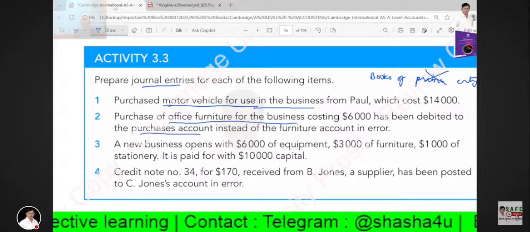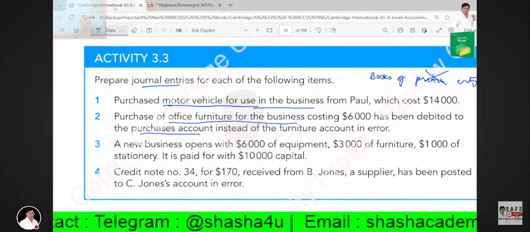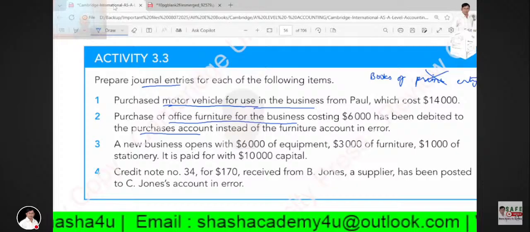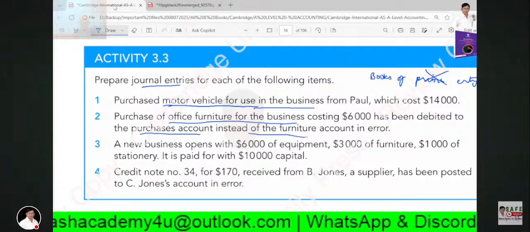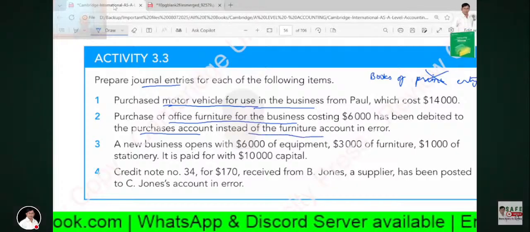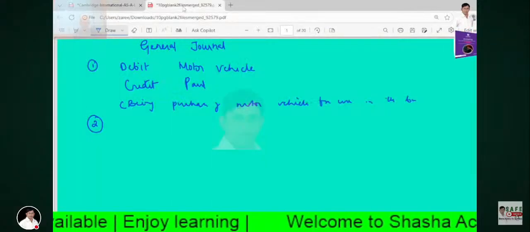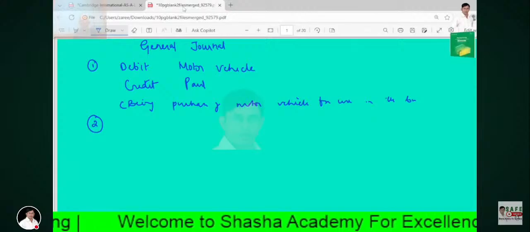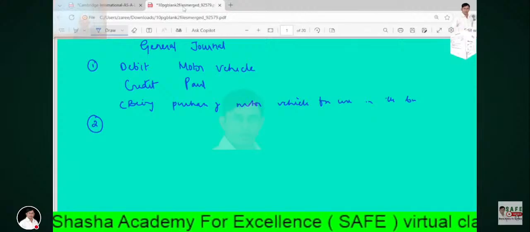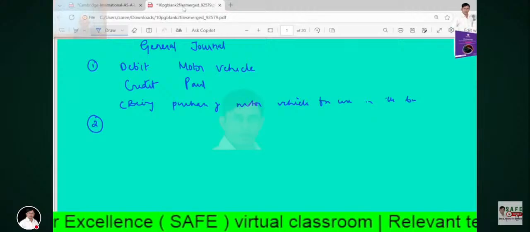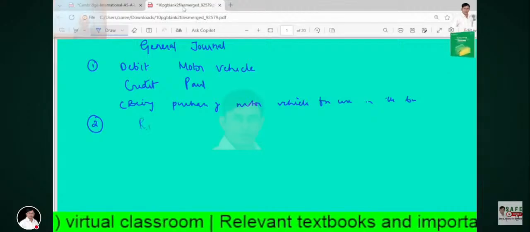We have to pass the rectification entry instead of furniture account in error. To understand this, you should know what is the right entry and what is the wrong entry, then we have to understand what is the rectification entry. What is the right entry?